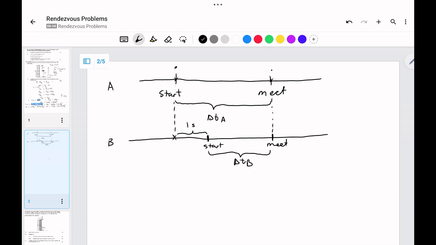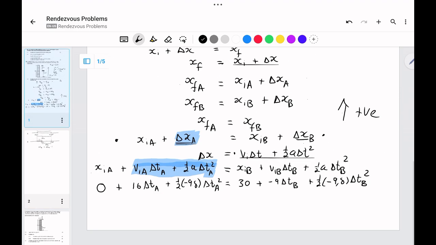Well, to find the time for B, you take this time and you subtract off the 1 second. So the time for B is the time for A minus 1. That's our second equation. That's what we need to make this solvable.